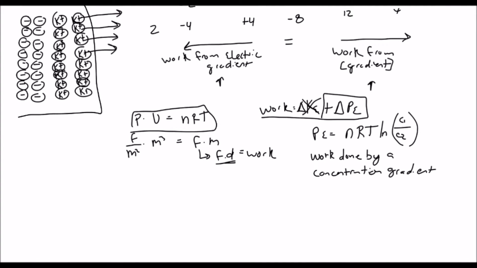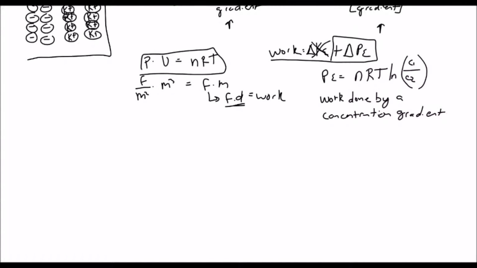So what's the work done by the electrical gradient? We can answer that question. Again, work is equal to the kinetic energy change plus the potential energy change. When we're at equilibrium, the kinetic energy change is equal to 0, and so the work is all due to the change in potential energy. You may remember from physics class that the change in potential energy due to an electric charge is equal to negative of that charge times the electric field times delta X. Let's examine the electric field really quick.